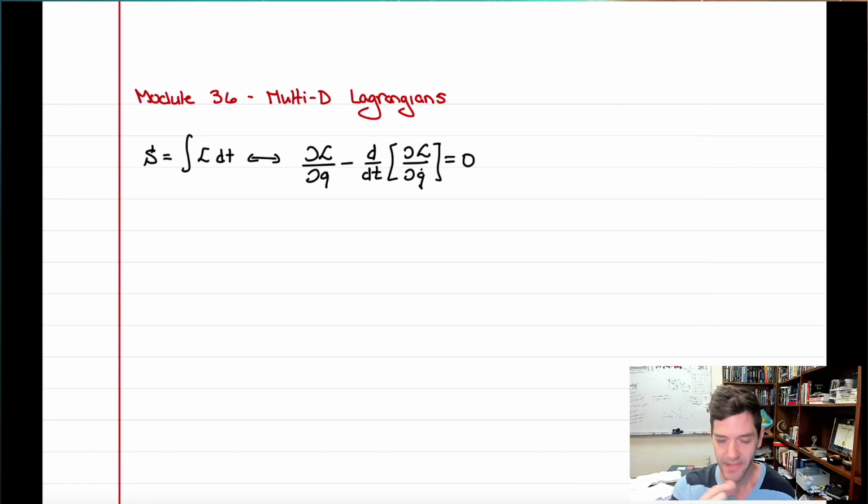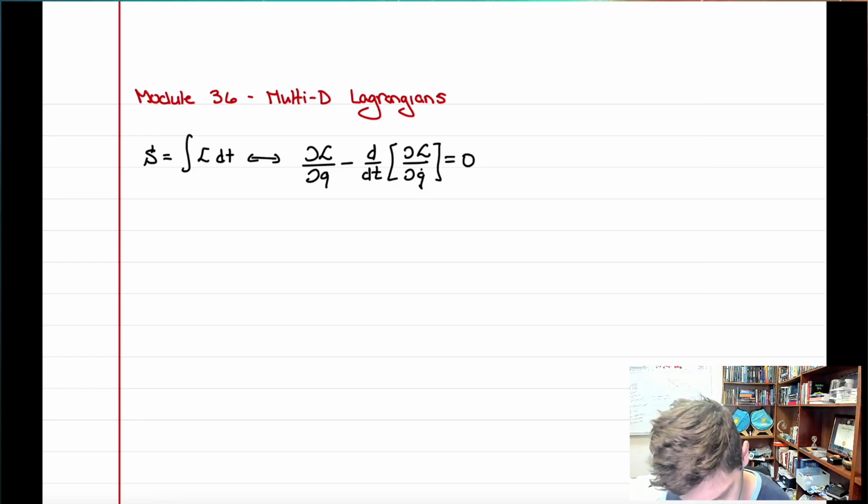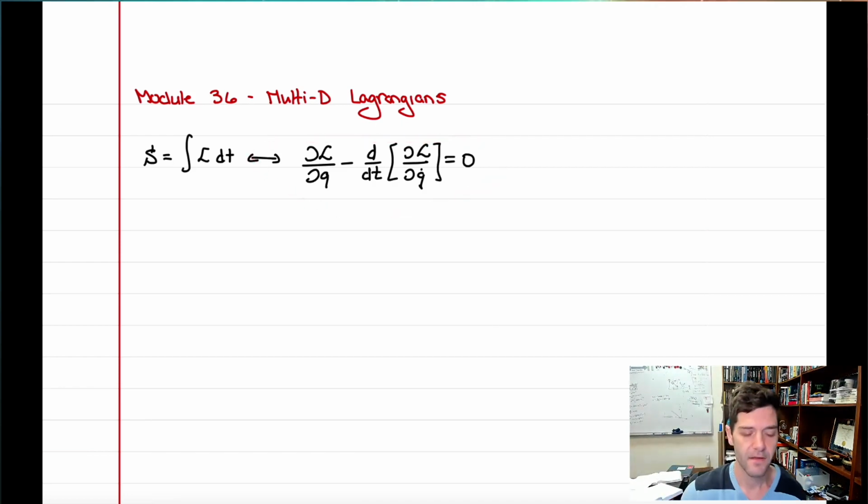We can find what that path is for our given generalized coordinate by evaluating Lagrange's equation, which is given right here. If we can first write the Lagrangian in terms of that coordinate and its derivative, and maybe also time, evaluating Lagrange's equation gives us a differential equation that, when solved, gives us the trajectory, which is the optimal path of the action integral.